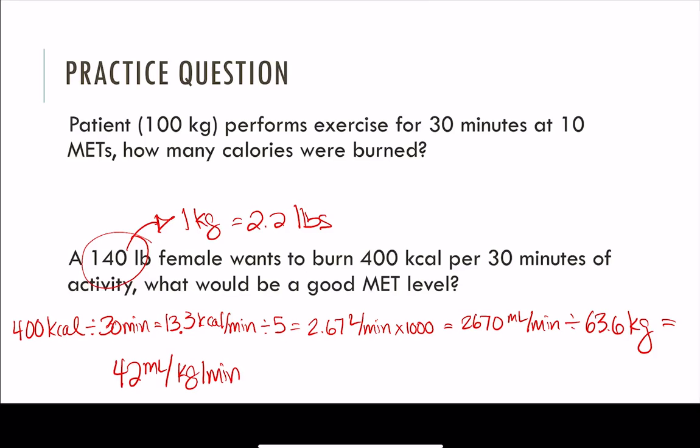To convert a relative VO2 to a MET, you just divide by that resting metabolic rate, which is 3.5, and she would like to find an activity that's around 12 METs. She can go to the graph, look at options of activities that are around 12 METs, and she should be able to accomplish her goal.